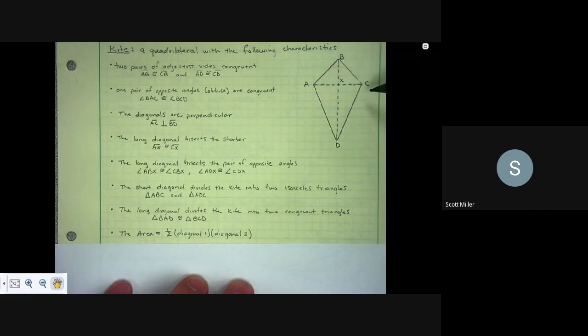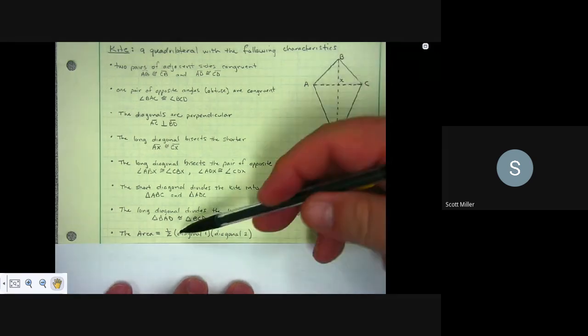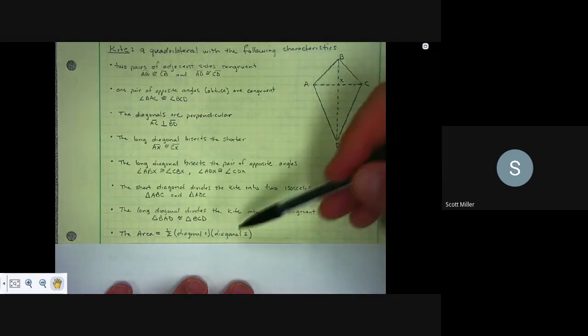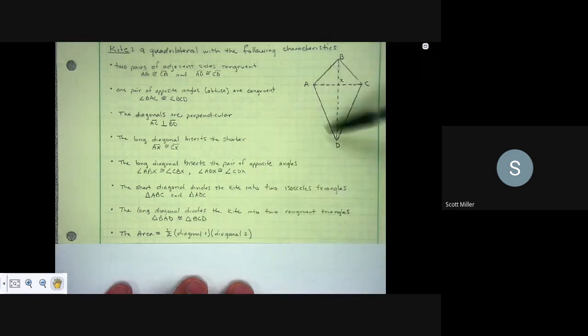They will be congruent to each other. And the last one is I can find the area of this kite by simply doing this. Take the length of diagonal 1, times the length of diagonal 2, and then cut that value in half, and that will be the area of this shape.